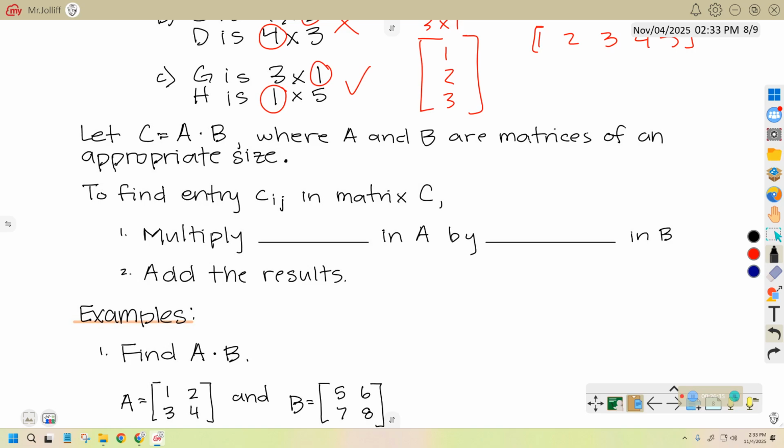So I am multiplying row i in the first matrix by column j in the second matrix. And this row and this column should have the same number of entries, meaning the numbers should pair up when I go to multiply them. So I'm multiplying matching entries and then adding the results.